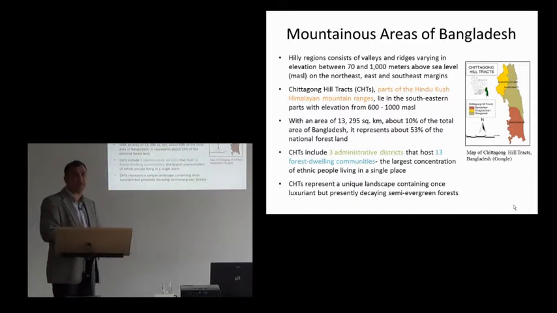But unfortunately, the productivity of shifting cultivation has declined over the years. And the reason is, as elsewhere in the tropics, shortening of fallow periods, because you have to give enough time to the land to recover its fertility. So there has been a rise in population.